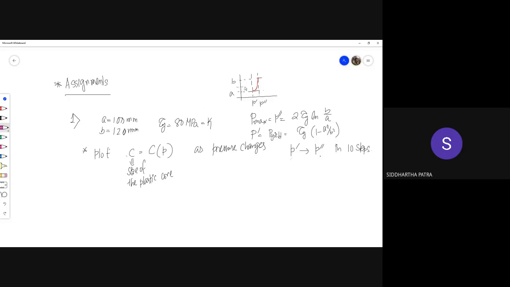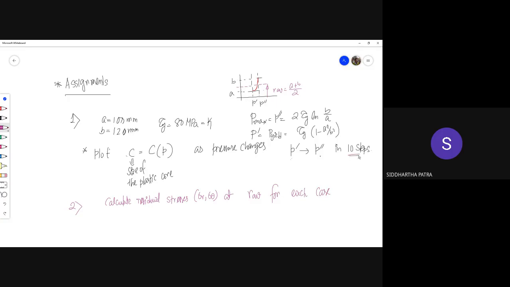Now let's say this is R average, which is A plus B by 2. The second part of the same question: calculate residual stresses at R average for each case.